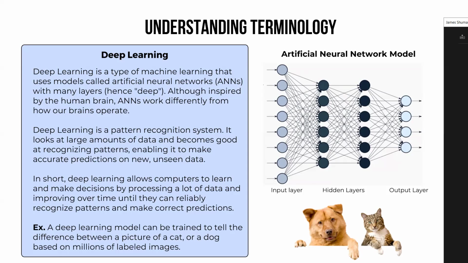The model makes guesses about what it sees, like whether the picture is a cat or a dog. If it gets it wrong, it will adjust itself and improve. So it's an iterative process that will improve with the more data that it gets. With enough examples and adjustments, the model gets good at recognizing patterns so it can make accurate predictions on new data it hasn't seen before.